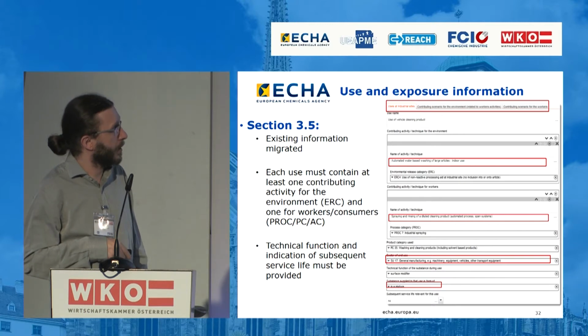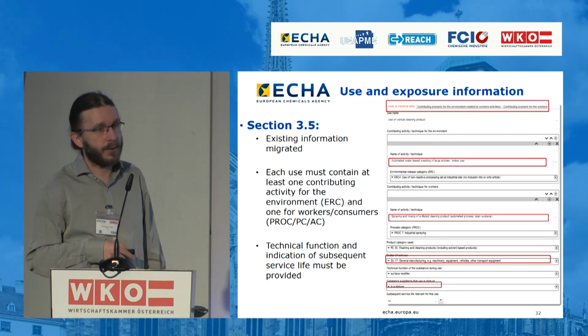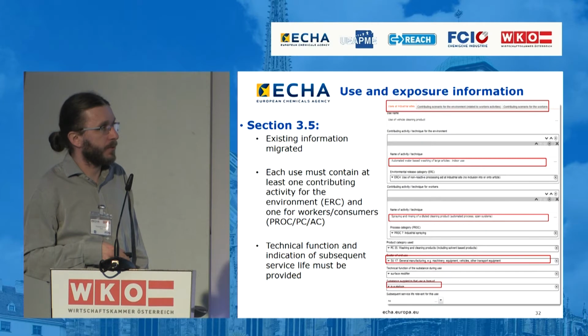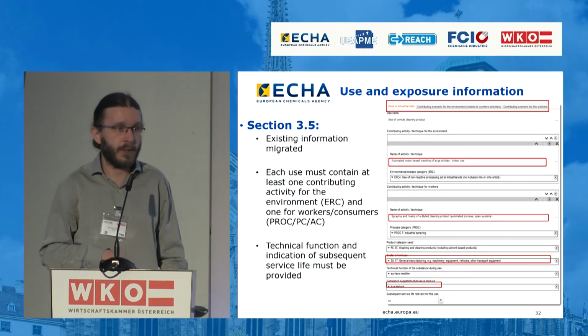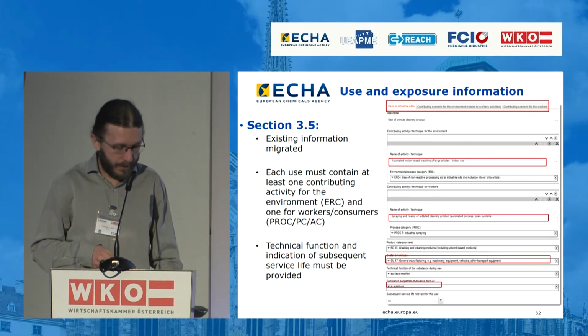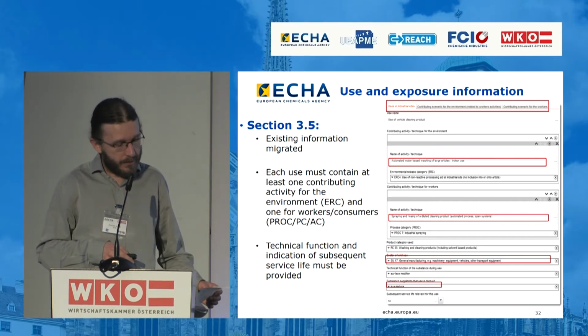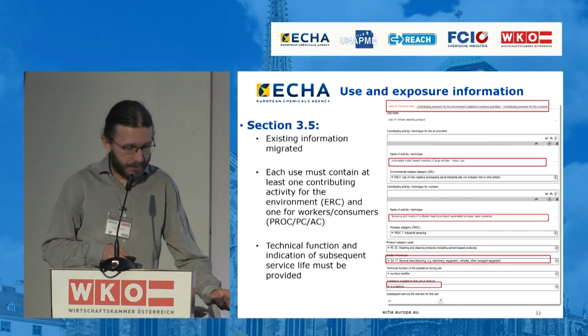This is the place where this is done. This is the place where you enter the process category as well, or the technical function of the substance to give some high-level information on the type of use that is done for your substance. And depending on the life cycle stages, different information can be provided.